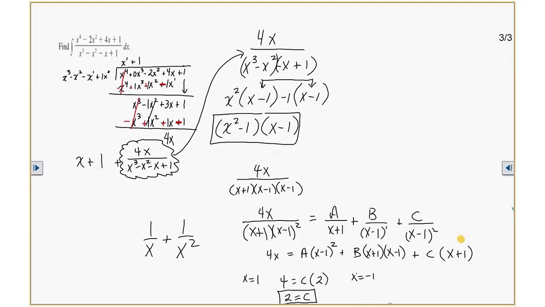So 4 times negative 1 is negative 4. And then what will negative 1 give us here? A negative 2. Negative 2 squared is what? 4, so that's 4a. A is equal to what? Negative 1.